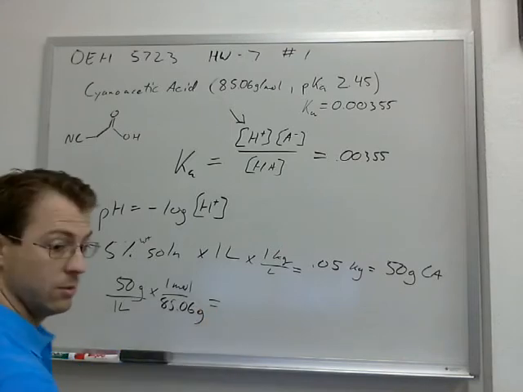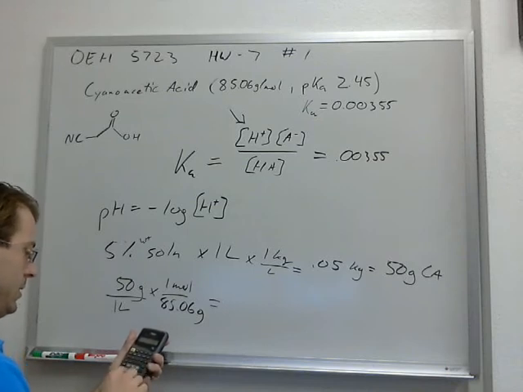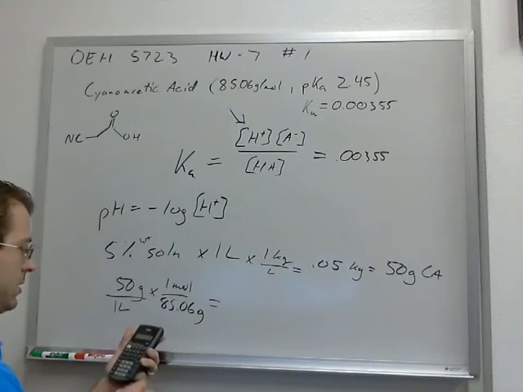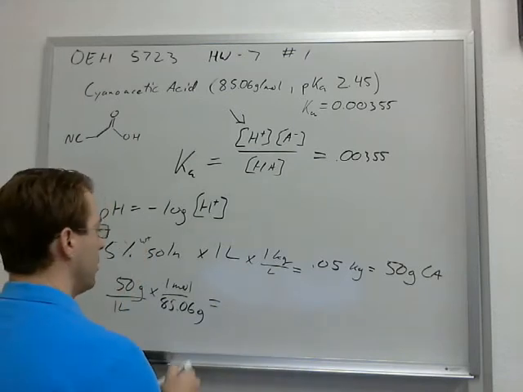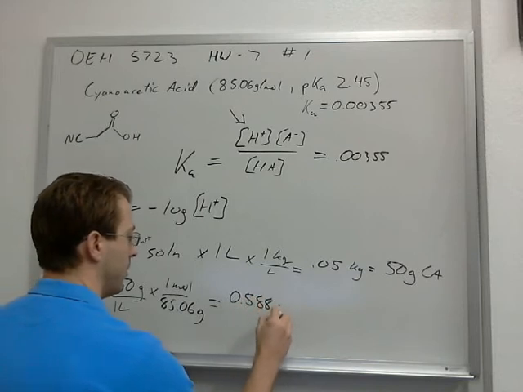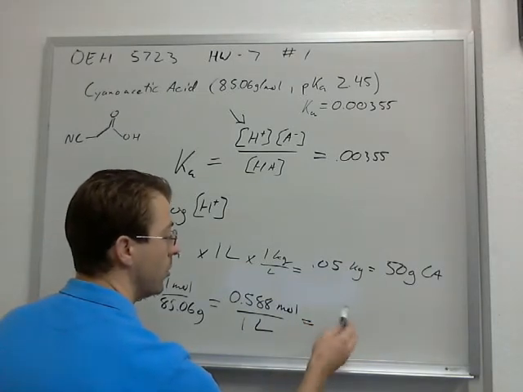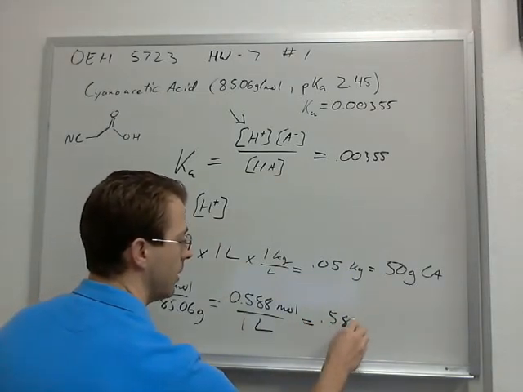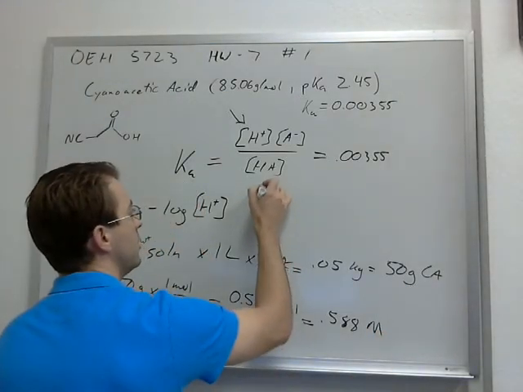This comes out to 50 divided by 85.06. So 0.588 moles per 1 liter, which is also molar, 0.588 molar. Alright, so that is our concentration here.